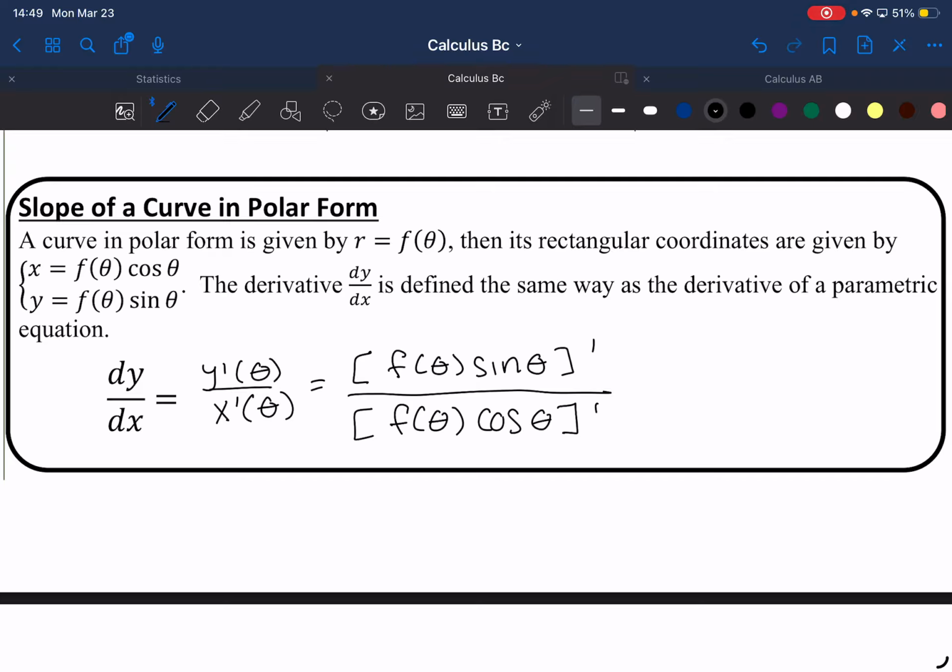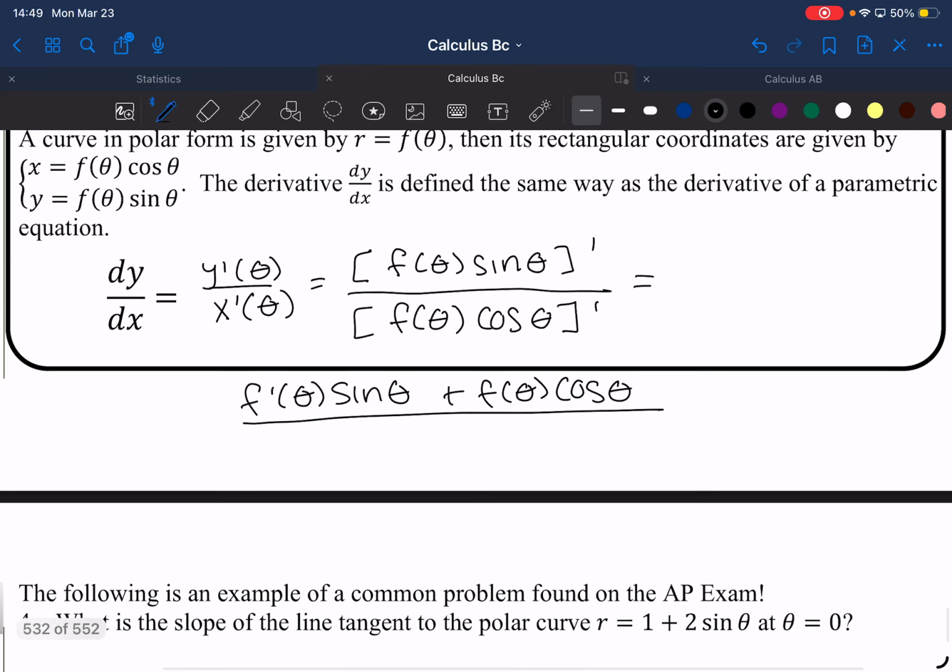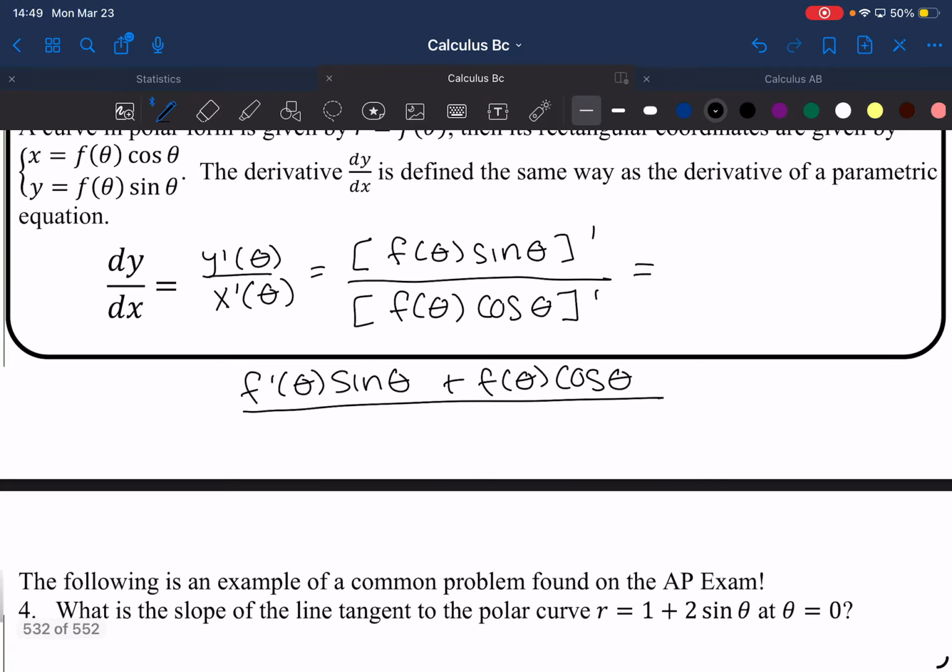And so if you were to do the product rule, which is kind of long, so I'm going to write it below, you would get f prime of theta sine theta plus f of theta cosine of theta. So again, that is using f prime g plus f g prime, divided by, and then we're doing the derivative for the next one. So this is f prime of theta cosine of theta minus f of theta times sine of theta.